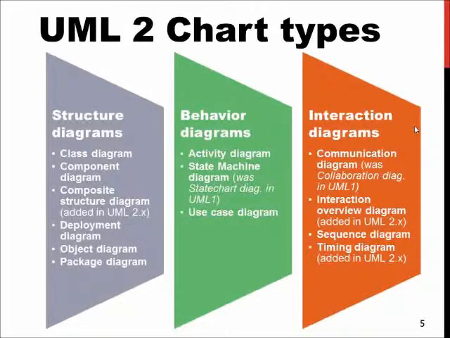This can be compared to all the different chart types of UML2. So there's a wealth of different information. And it's actually noteworthy that these different diagram types represent all the main branches of the UML charts.